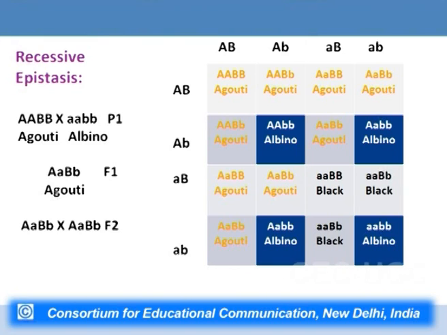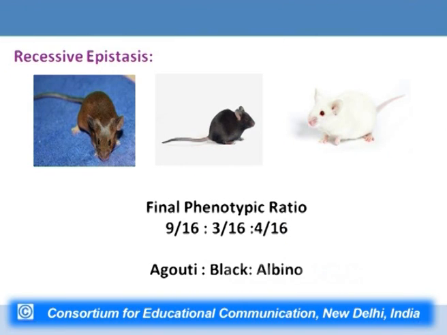Albino is formed whenever there is a recessive homozygous condition at the B locus, whereas black coloration results whenever there is either a single or double copy of the dominant B allele at the B locus, and at the A locus there is the recessive homozygous condition. So, the individuals which result are agouti 9, black 3 and albino 4.